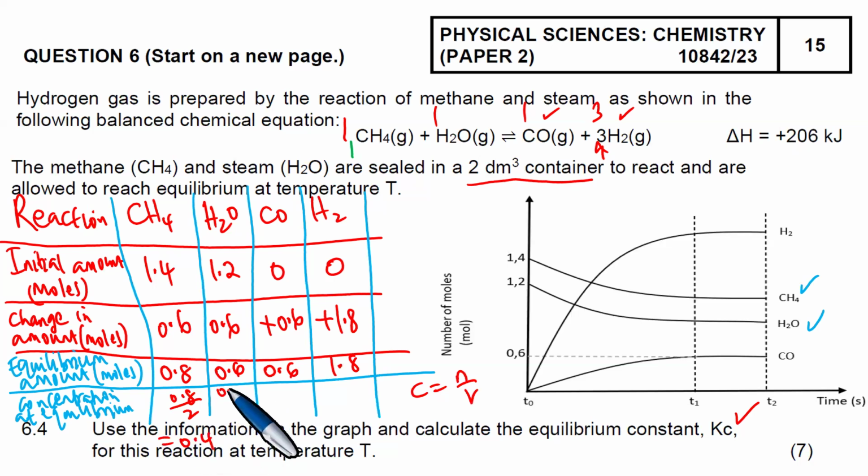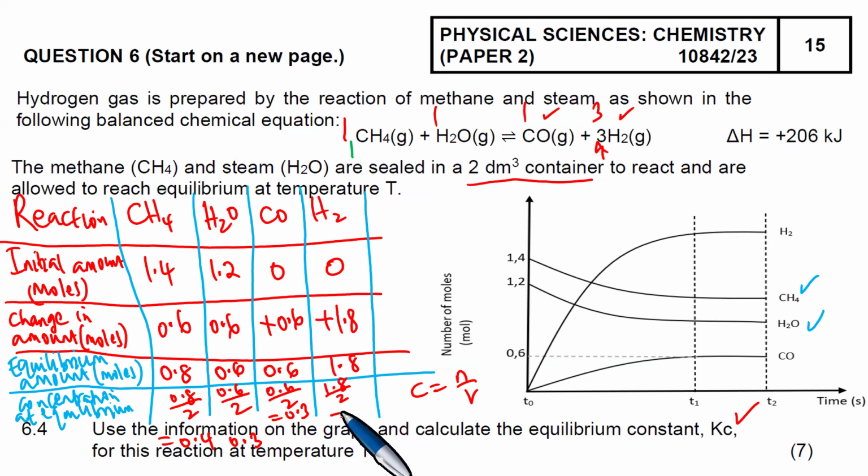You take 0.6, which is the number of moles at equilibrium, divide by the volume of 2 cubic decimeters, and you get exactly 0.3.